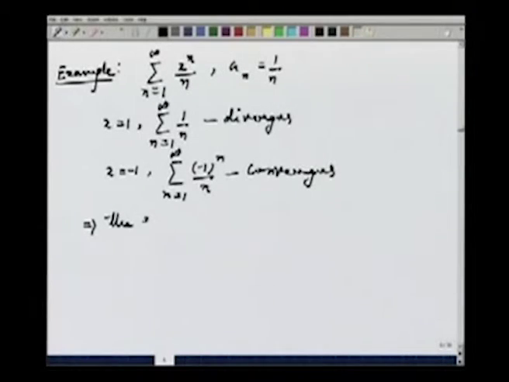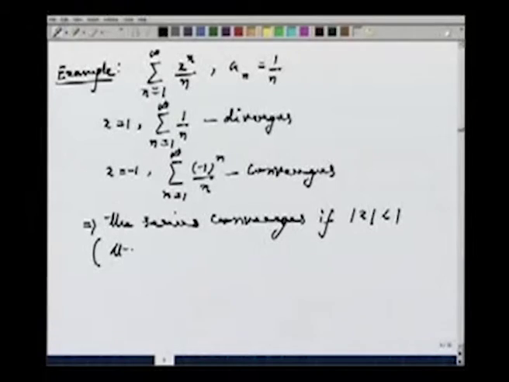So this implies the series converges if modulus of x is less than 1, that is by the previous theorem. That means theorems 1 and 2, which I am applying. Now if you don't believe this, you just go for the ratio test. You look at the limit as n goes to infinity of modulus of x to the power n plus 1 divided by n plus 1, into n by x to the power n.